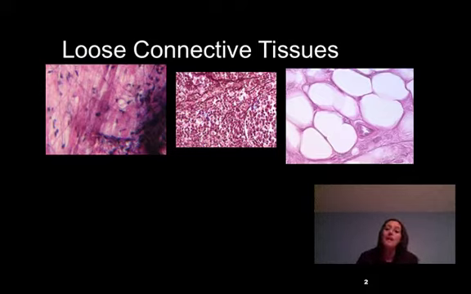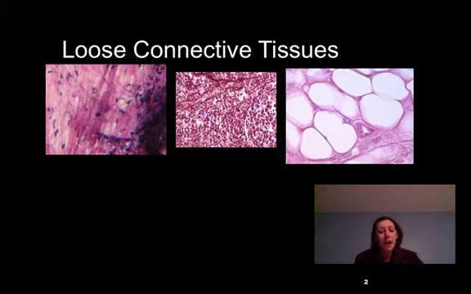They have a role in inflammation as well. So the cells that you see inside of this areolar tissue are actually white blood cells. They're macrophages and mast cells and these different types of lymphocytes that help fight infection because they play that role in inflammation.